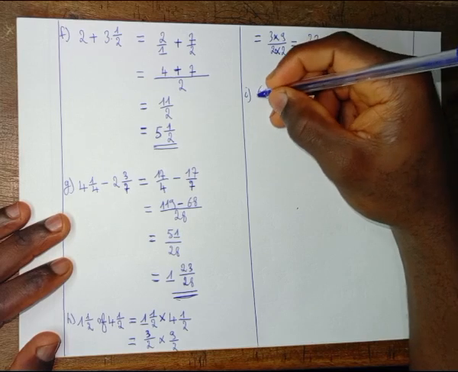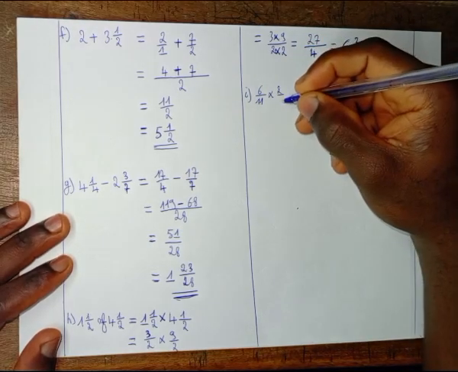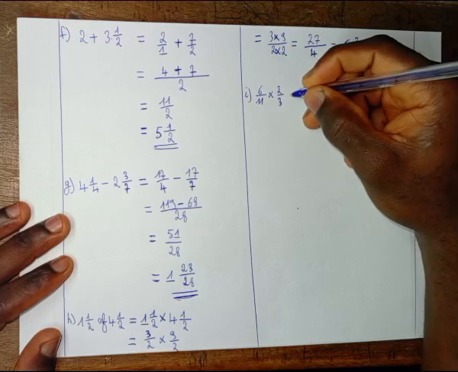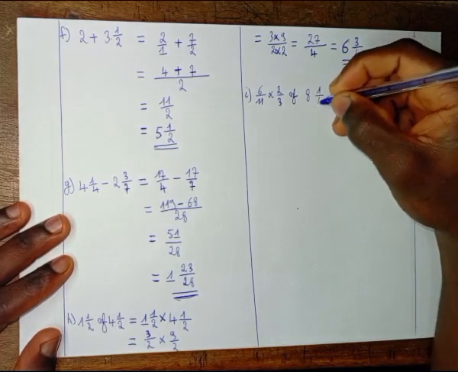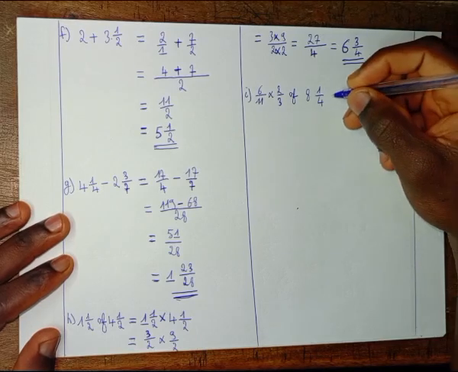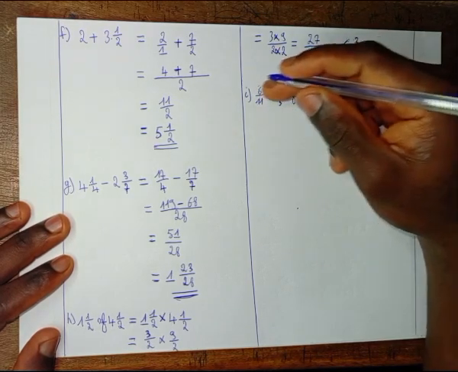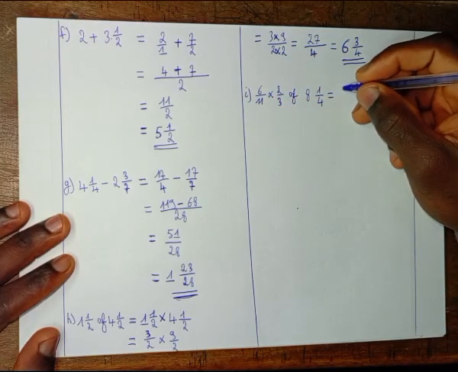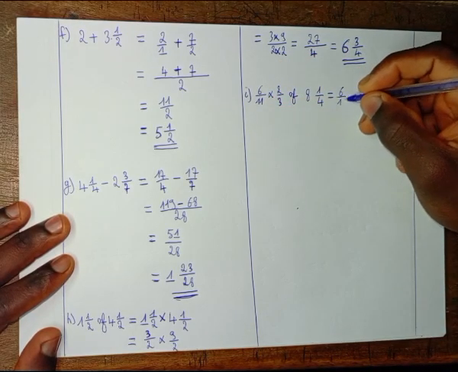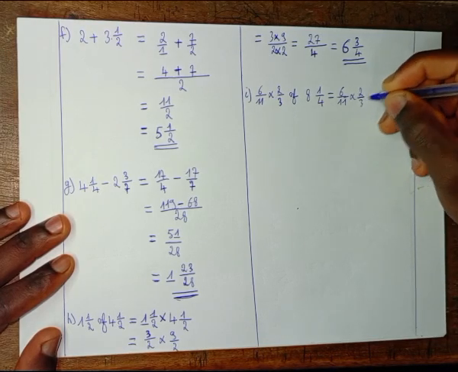For I, we have 6 over 11 times 2 third of 8¼. We are going to start by working on this. This will give us 6 over 11 times 2 over 3.